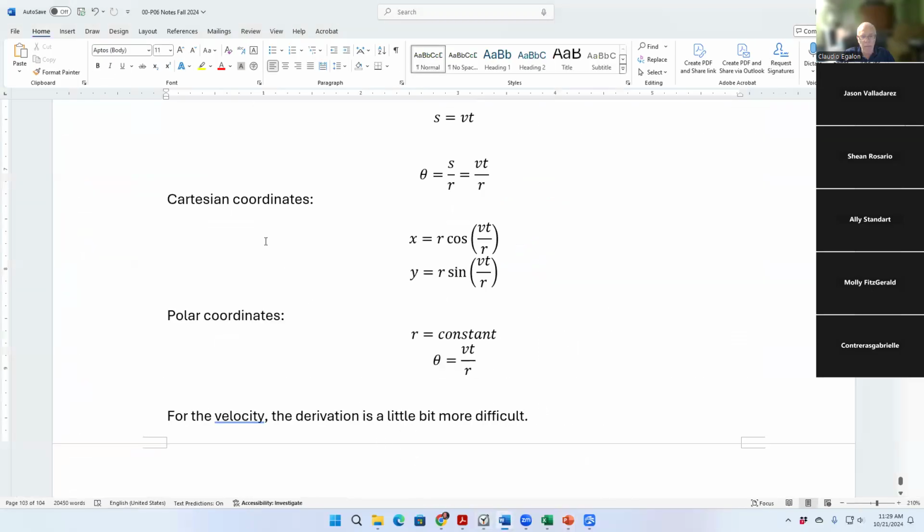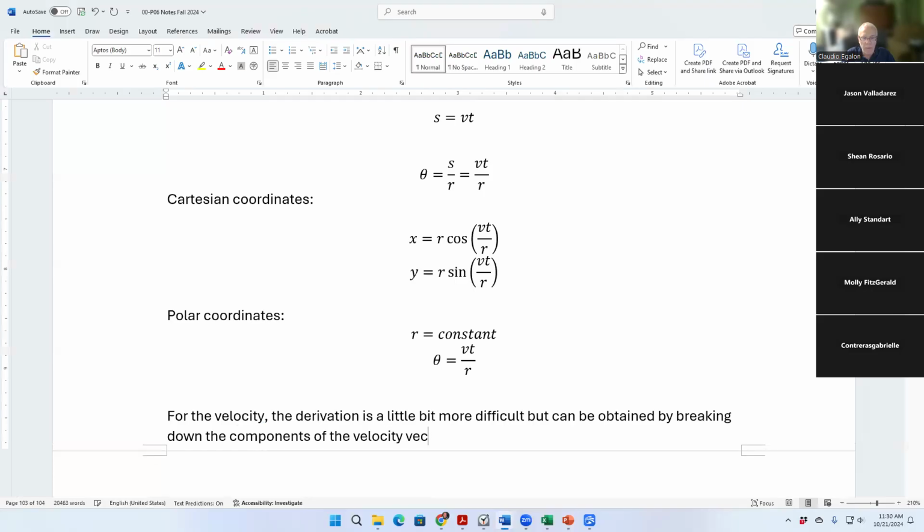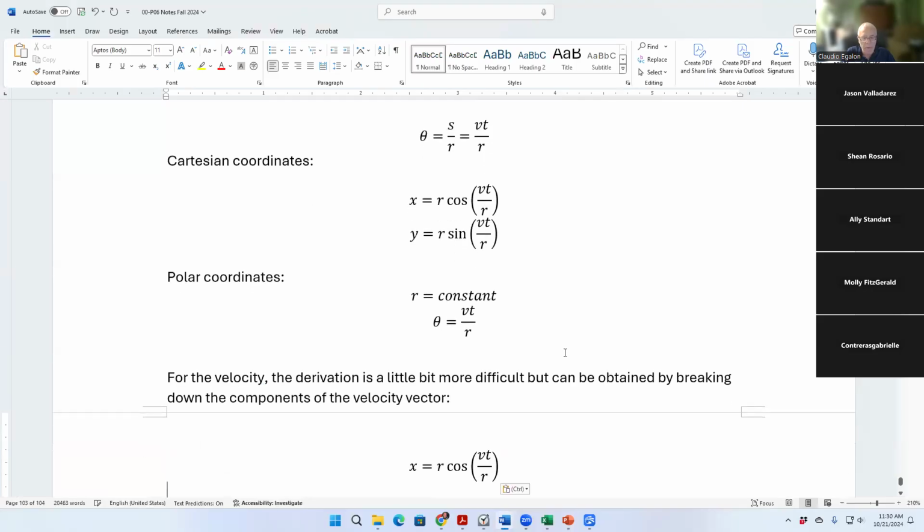But the last derivation is a little bit more difficult, but it can be obtained by breaking down the components of the velocity vector. Okay, so here you go.